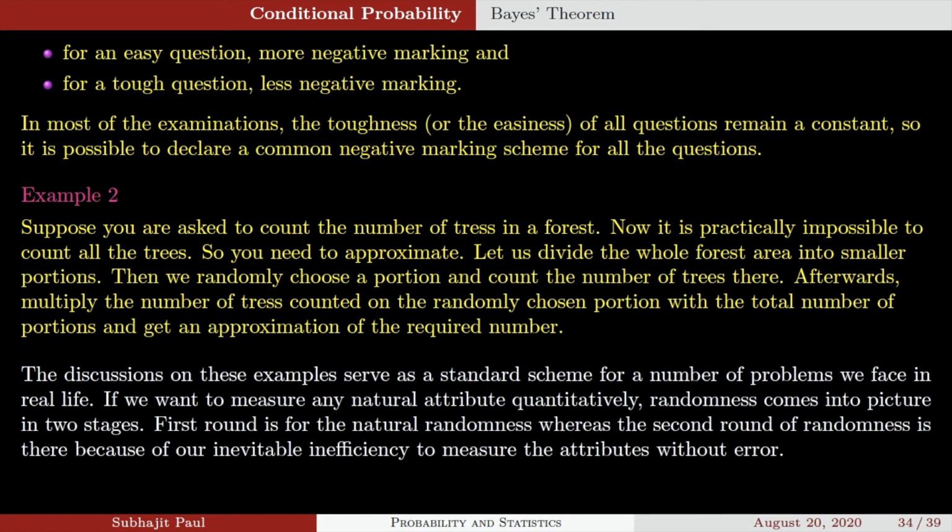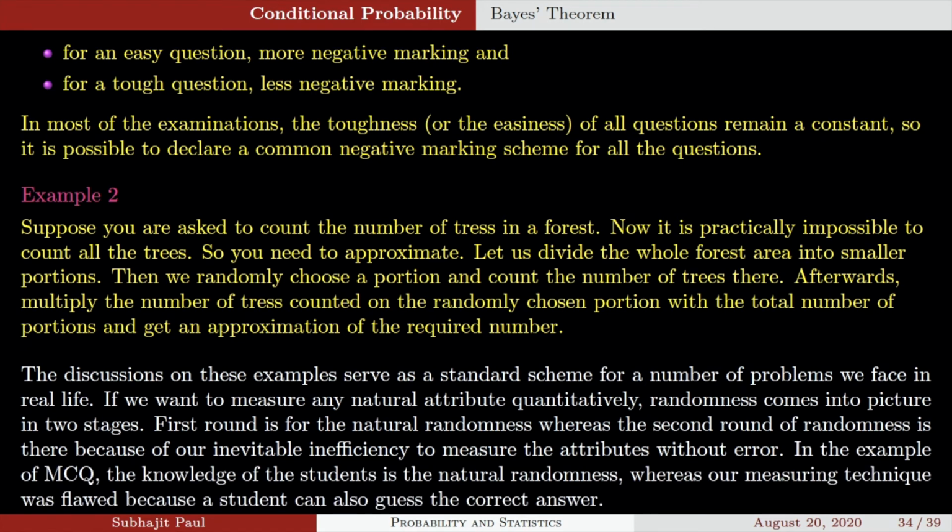First round is for the natural randomness, whereas the second round of randomness is there because of our inevitable inefficiency to measure the attributes without error.